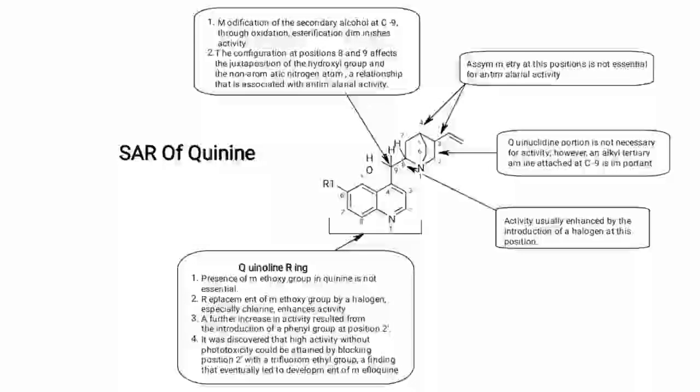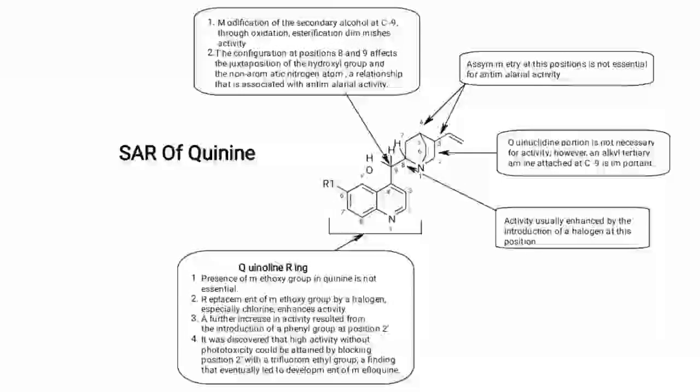And the methoxy group, it is not essential to add it. That is not a big factor in the pharmacological activity. And then the methoxy group would be changed by chloride, just like halogens, especially chlorine atoms, that enhance the activity.